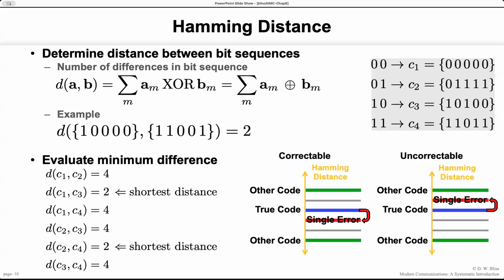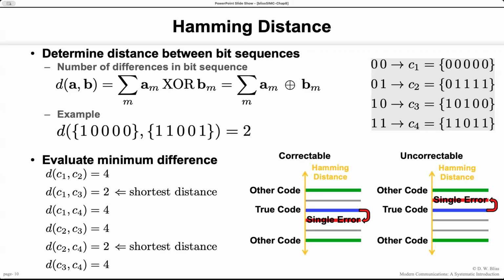All right. So if we go back to that notional error correcting code that we introduced a little bit ago, we had 2 information bits. That means there are 4 different possible sequences: 00, 01, 10, 11 information bits. Those map to particular sequences of encoded bits, which we often call code words.